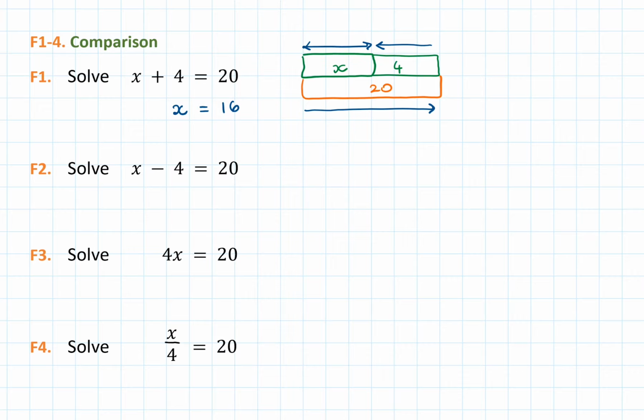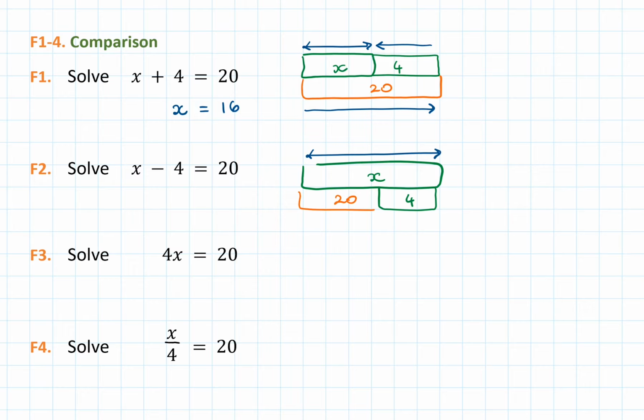Let's now move on to the second example. Here we have subtraction. So we will draw x, take away 4, and the result is 20. So now we are trying to work out how much is x. We can work that out by saying 20 add 4 equals x. So the value of x will be 24.